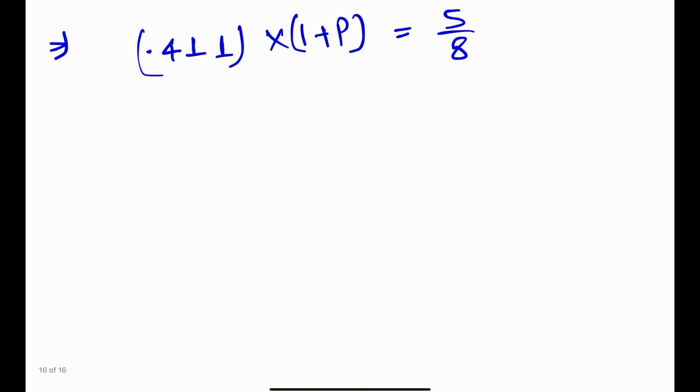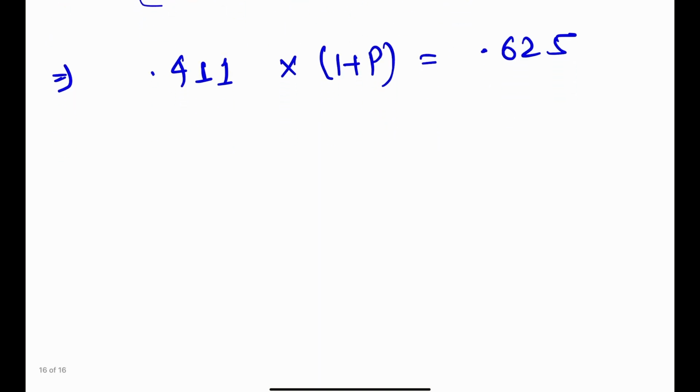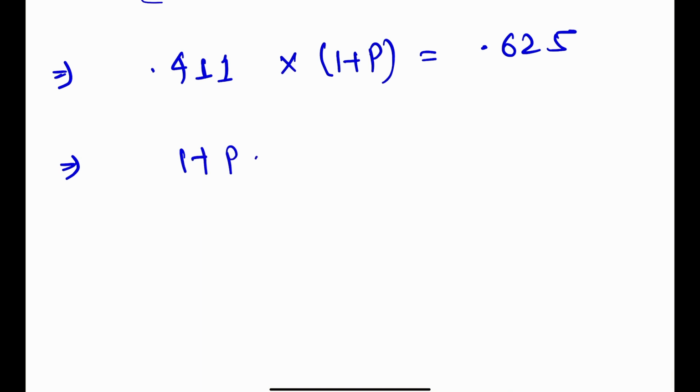So 0.411 into 1 plus p can be written as 62.5, so 0.625. 1 plus p is 0.625 upon 0.411. There is so much calculation, which means there is some shortcut way which I could not understand.